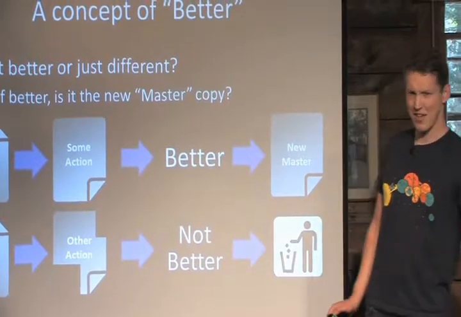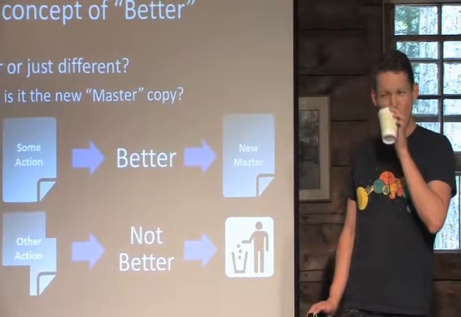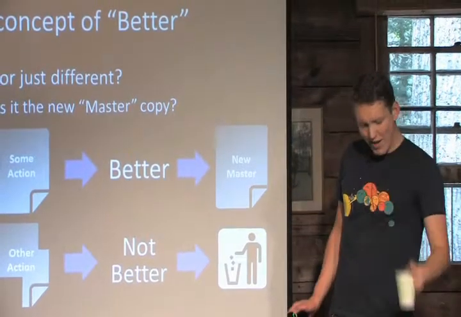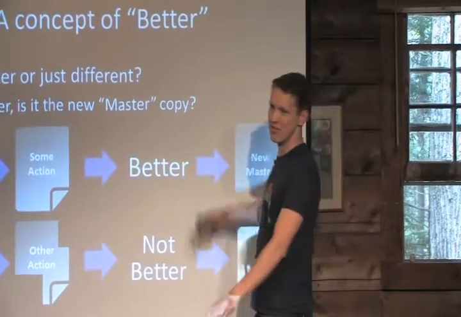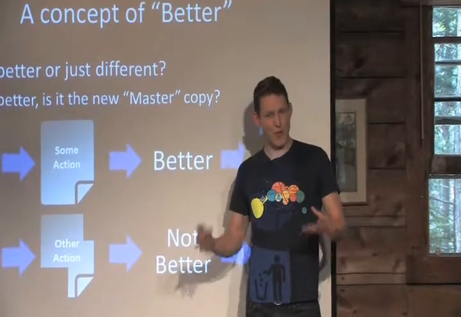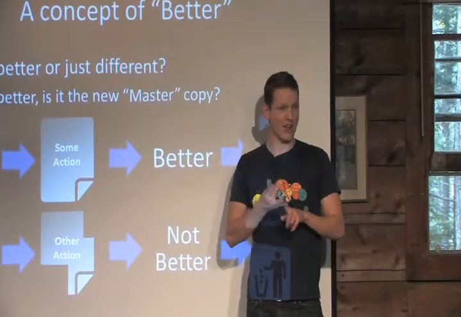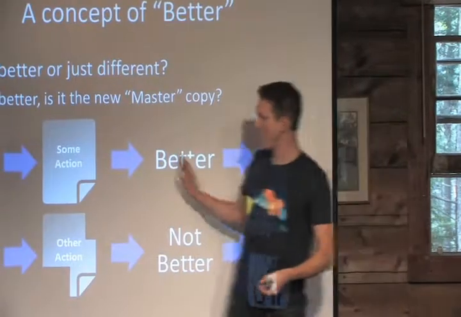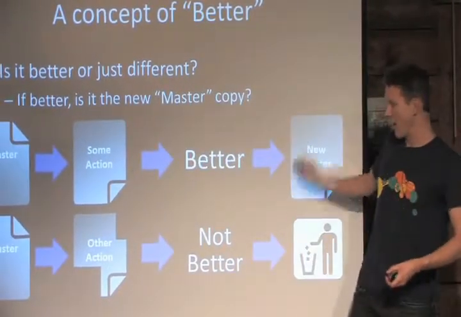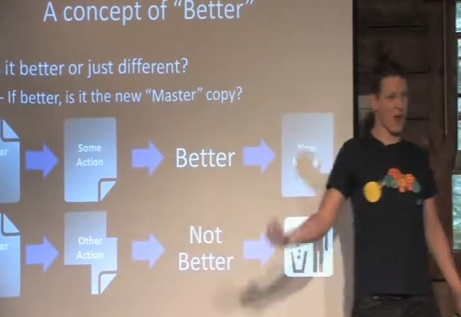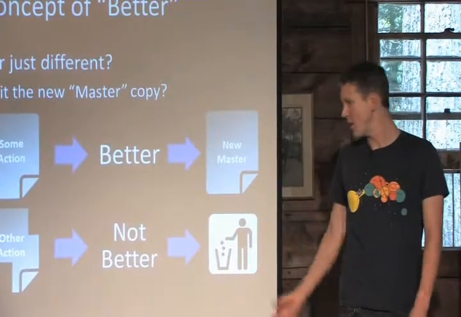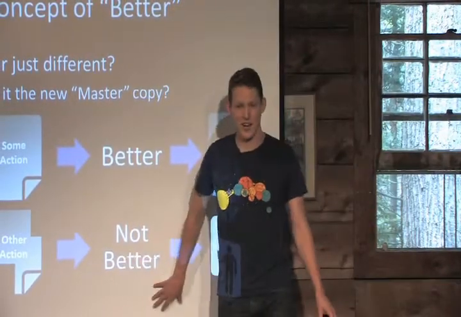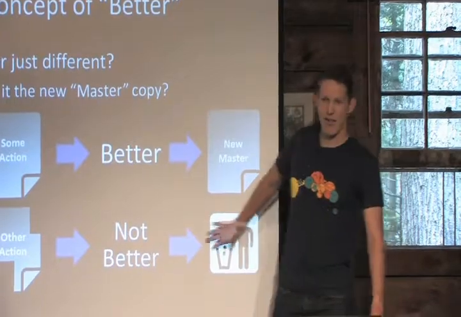And kind of lastly is a concept of better, where if you make modifications to the data set, if it improves it, if it's added a longer time span, then you might say that that is better, and that is going to become your new master. Okay? If you do something as an experiment and you find that it is an improvement, if you try some error checking and it doesn't happen, then that is tossed.